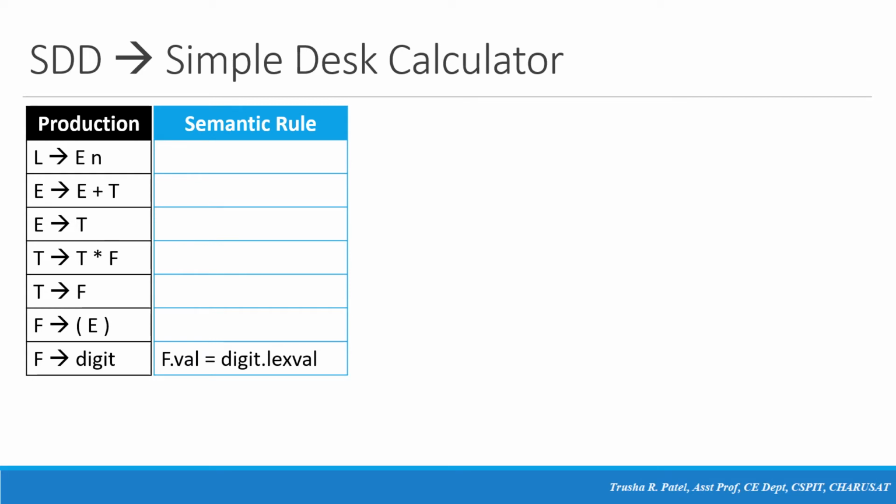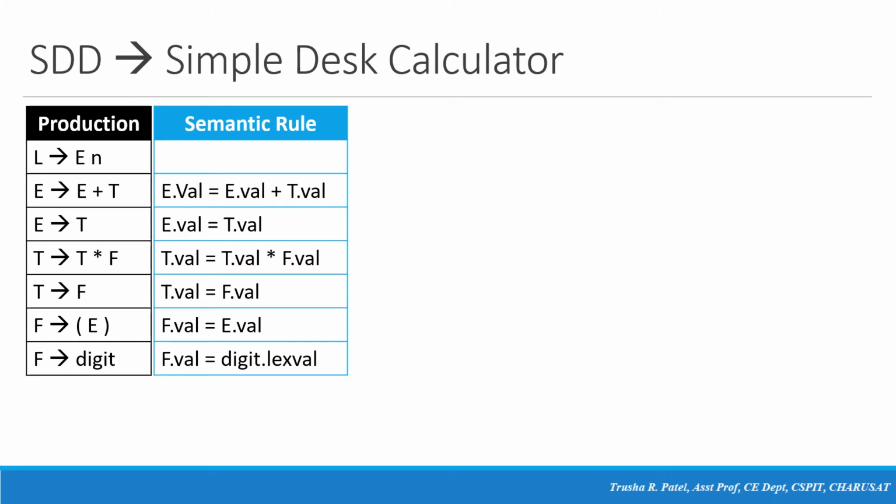Whatever the lexical value of digit is available, that we will transfer to the value of F. Same way, the value of the expression which is available in the parenthesis, we will transfer the same value to F. The value of F will be transferred to the value of T. Then multiplication of the value of T and the value of F, we will transfer to the value of T. Then the value of T we will transfer to the value of E. Then the values of E and T will be added and that value will be transferred to E, and at the last the value of E will be printed.